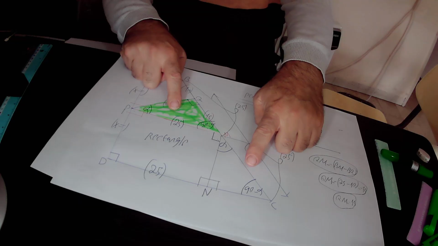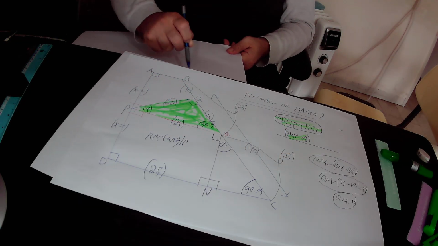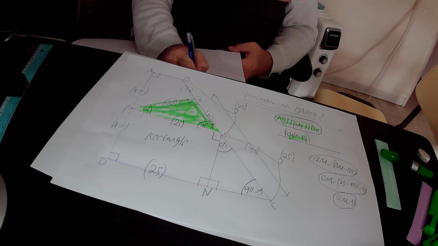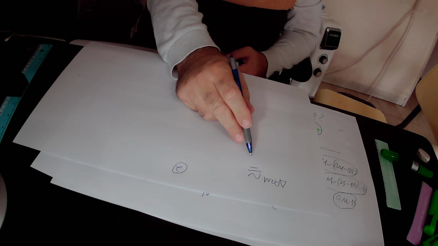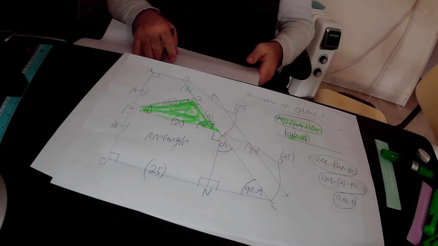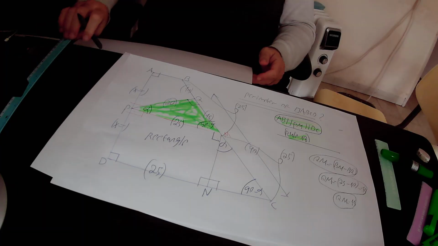So I'll write it down: we proved that this right triangle PQM is congruent to this right lower triangle MNC according to the angle-side-angle rule.